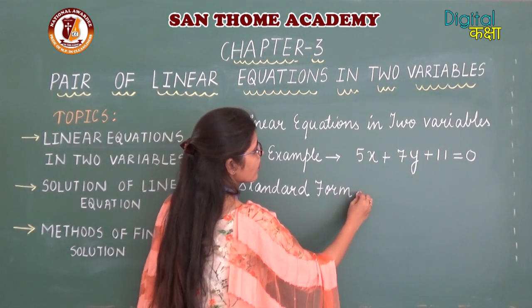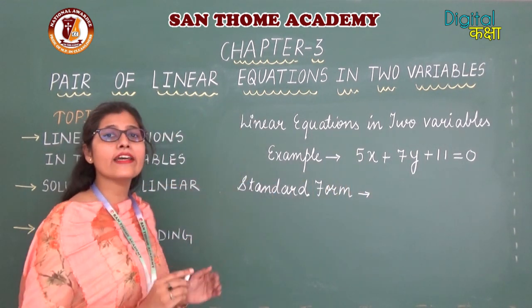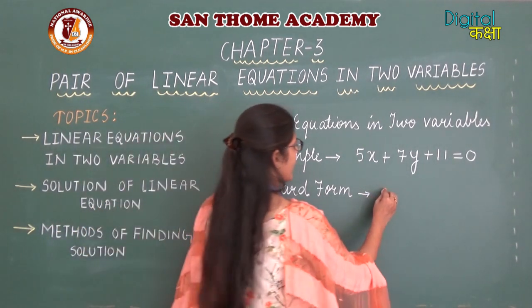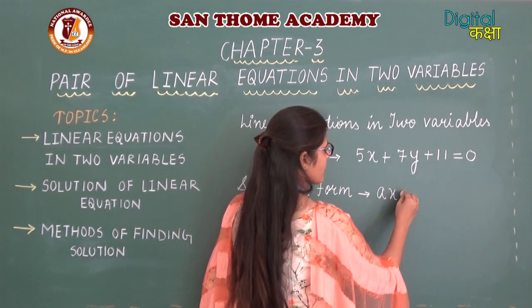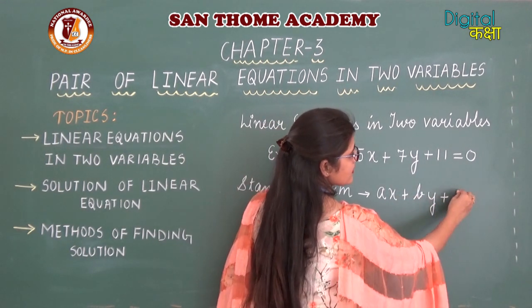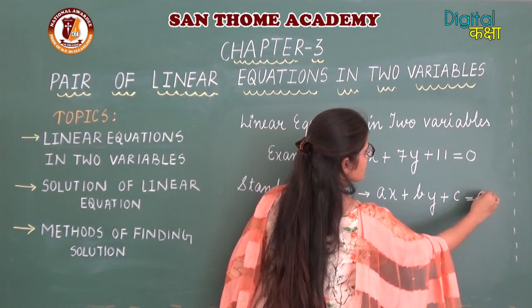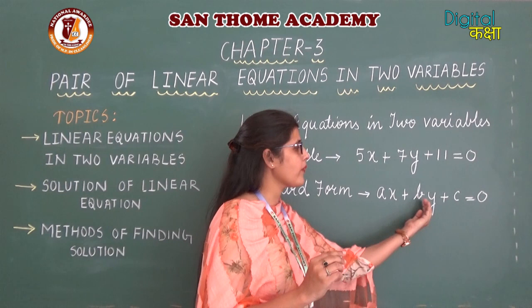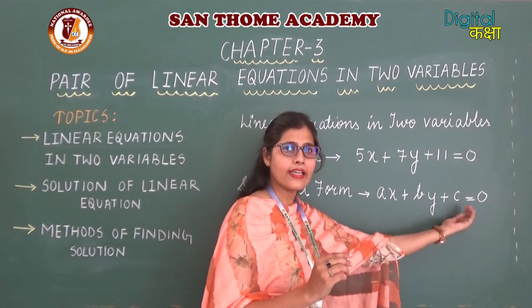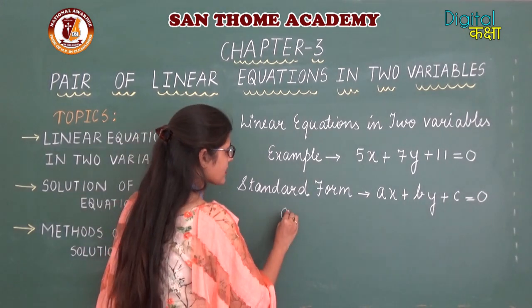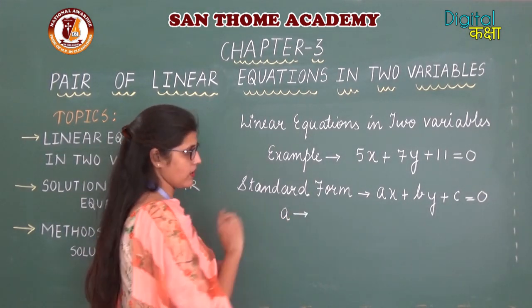The standard form of writing linear equation in two variables is ax plus by plus c equals to 0. Ax plus by plus c equals to 0. Now here, let us understand what is a over here.